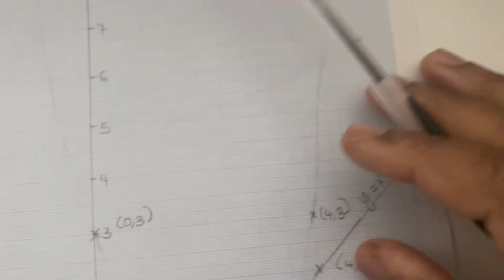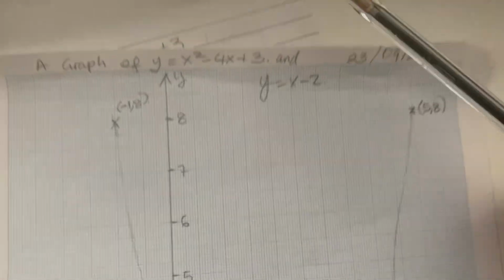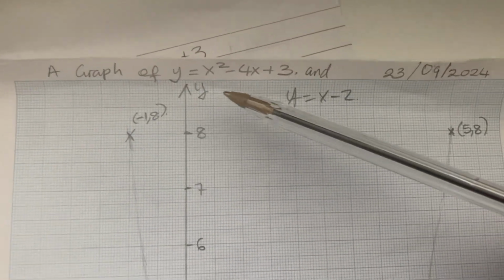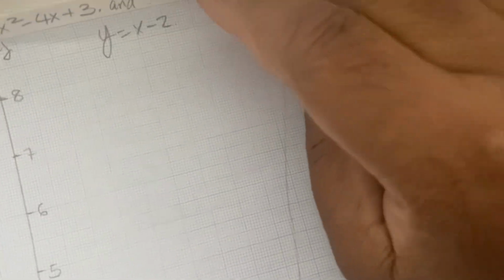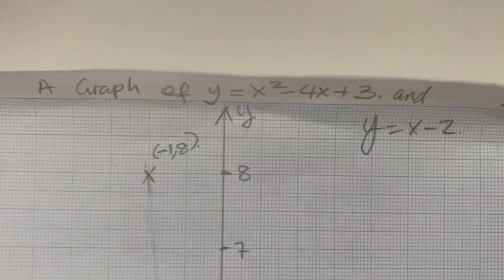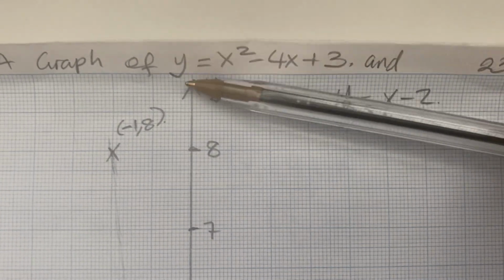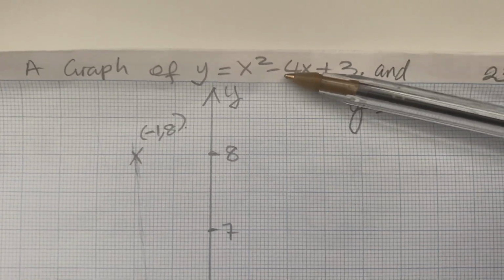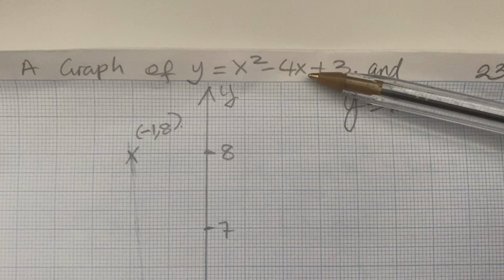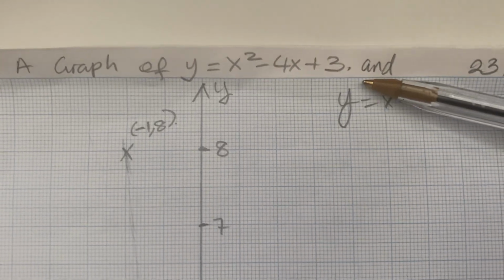So I've drawn the graph for you here. My graph has a title: a graph of y equals x squared minus 4x plus 3.